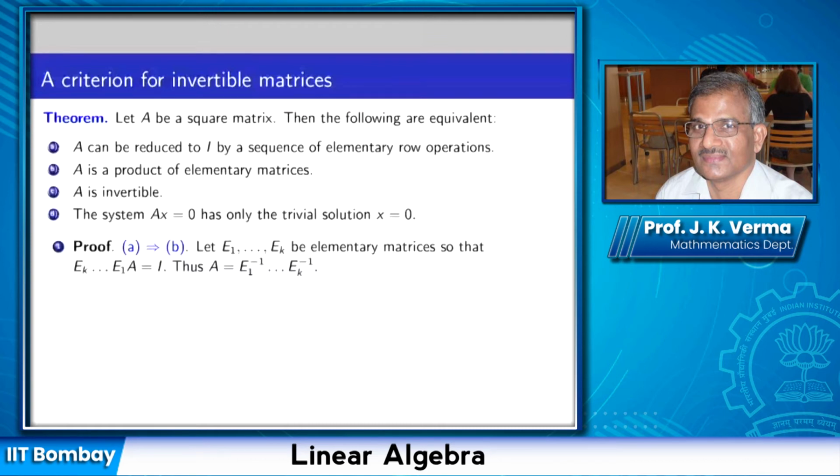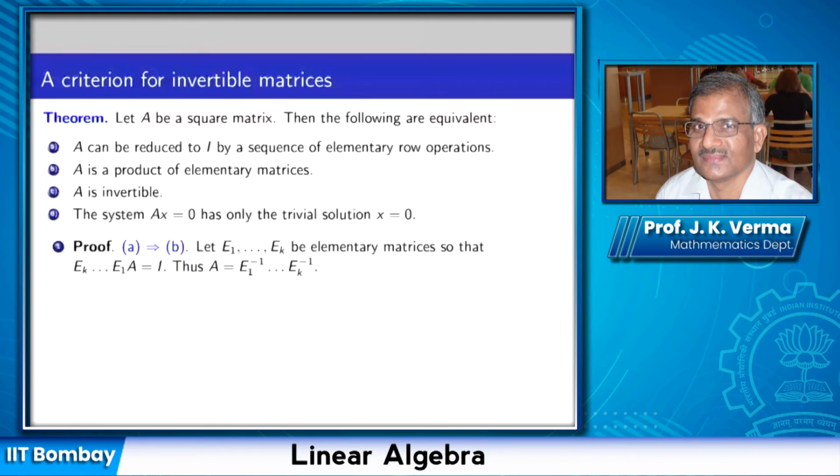So if I apply an elementary row operation on A, and I get the matrix A1, then A1 is obtained by multiplying an elementary matrix on the left of A. Right? There are three types of row operations, and I showed you that they all can be effected by pre-multiplying A on the left by an elementary matrix.